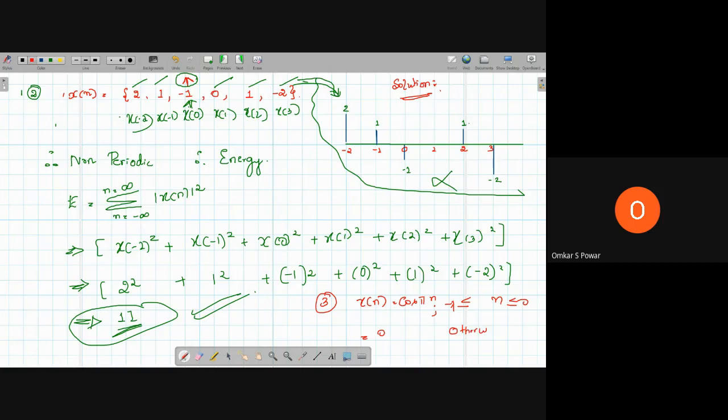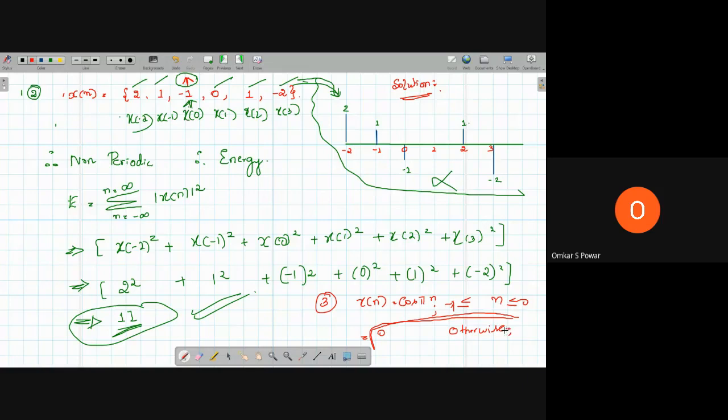Whether it's an energy or power signal, it's an energy signal, because it is defined from -1 to 0, or if they have given this pattern of 0 otherwise, it will usually be an energy signal.